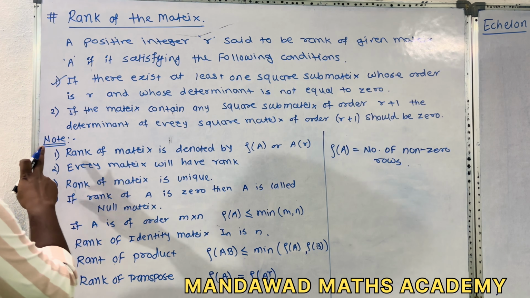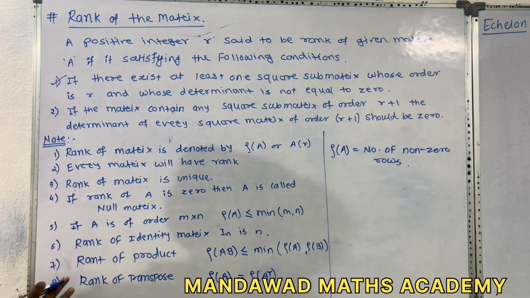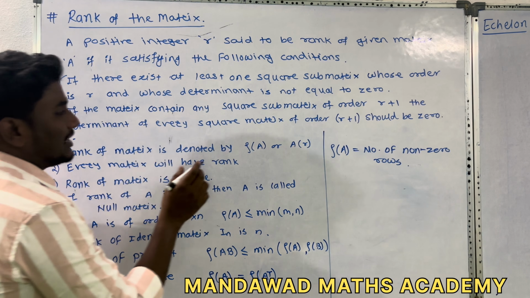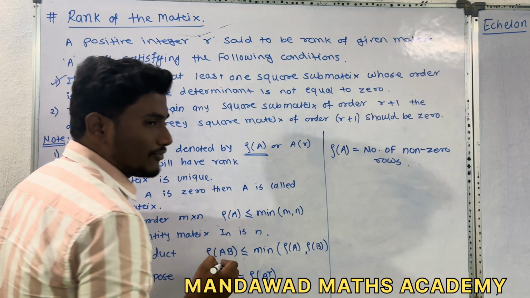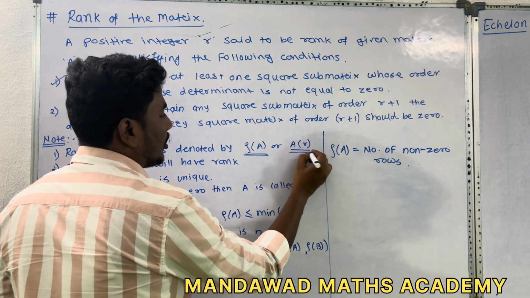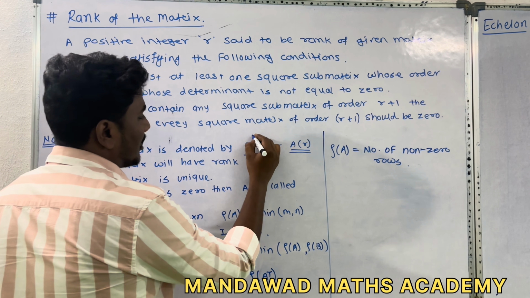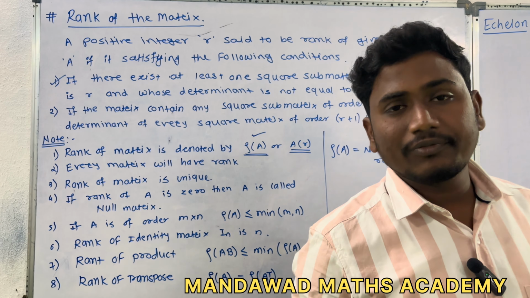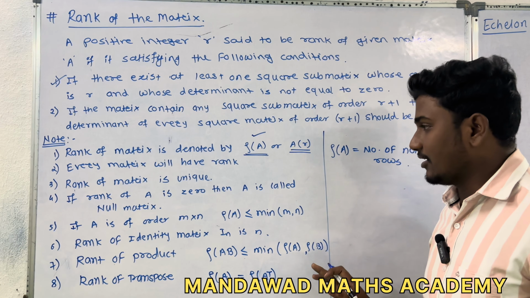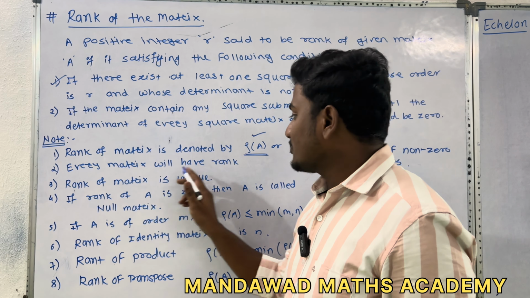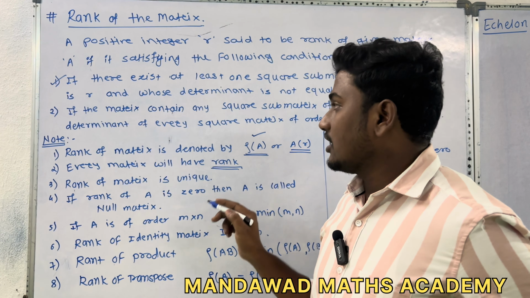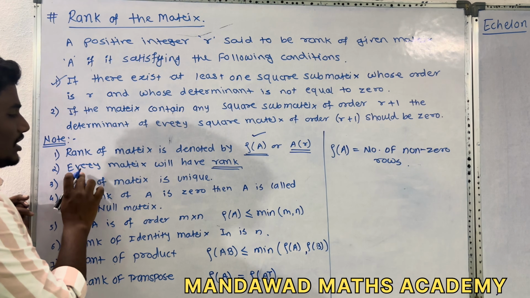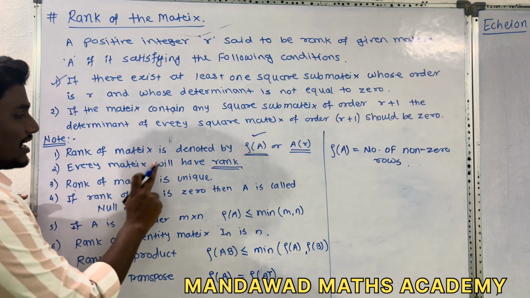Okay. Next, the notes, or you can remember the properties of the rank of a matrix. The rank of a matrix is generally denoted by rho of A, or rank of A. Generally you can use rho of A most of the time. So this is the symbol of the rank of matrix A. Every matrix will have a rank, that is, any given matrix should have a rank.